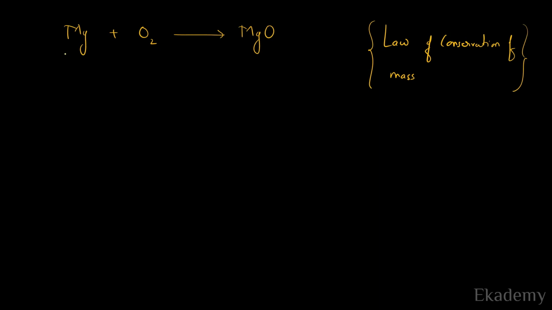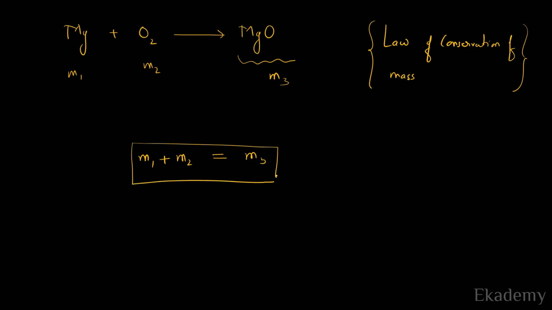That means total mass before reaction and total mass after reaction must remain the same, right? Let us say mass of magnesium is m1, mass of oxygen is m2, and mass of MgO in this reaction is m3, then as per the law of conservation of mass, the sum of these two masses must be equal to the mass of product.